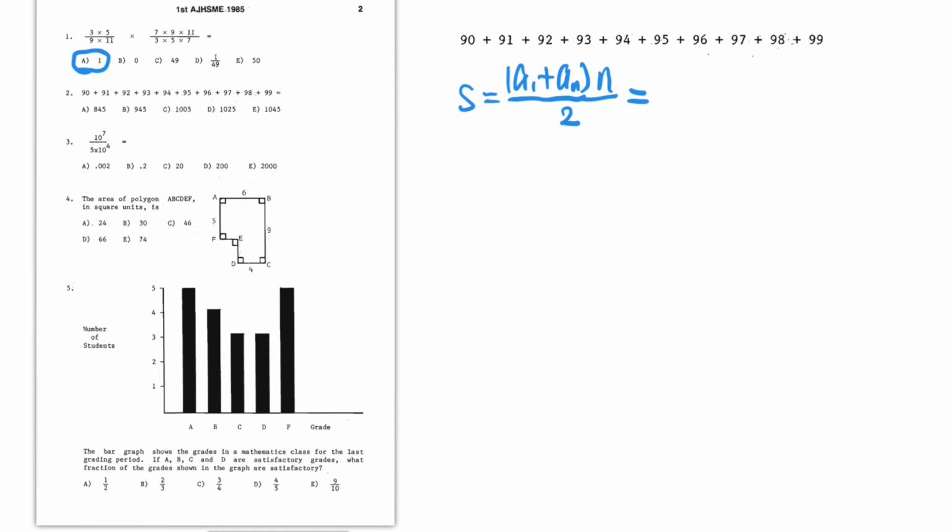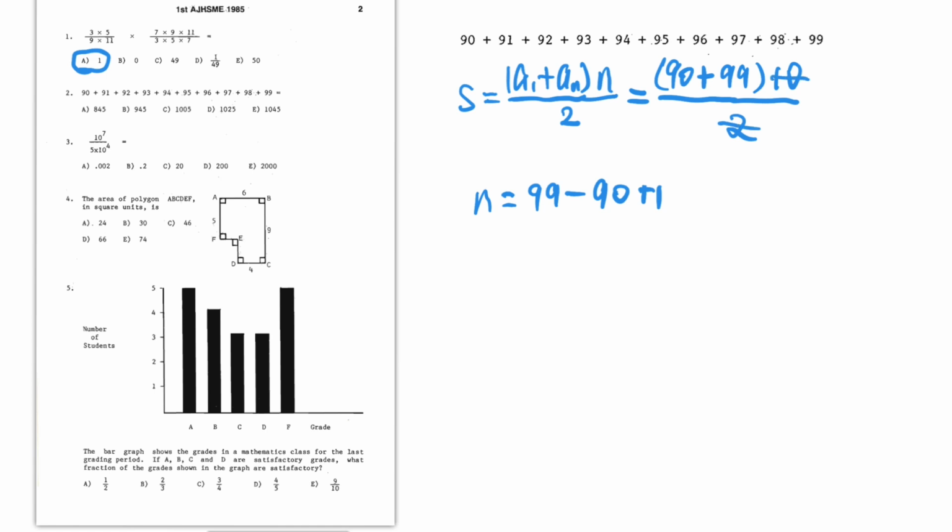The first number is 90, the last number is 99, times the number of numbers from 90 to 99. Number of numbers equals last number minus first number plus 1. That's 10 divided by 2. So cancel 2 and 10 to give us 5.